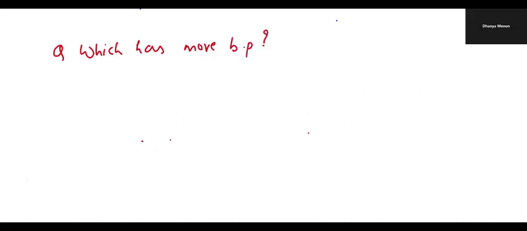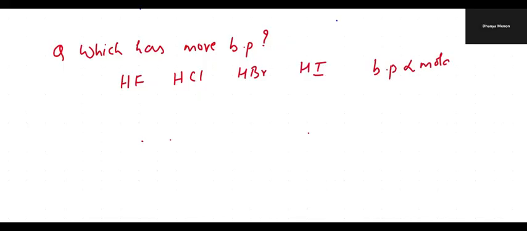HF, HCl, HBr, HI. Okay. We know that boiling point is directly proportional to molar mass. So that means iodine has a higher molar mass. So HI will have a higher boiling point than HBr, then HCl, and then HF.